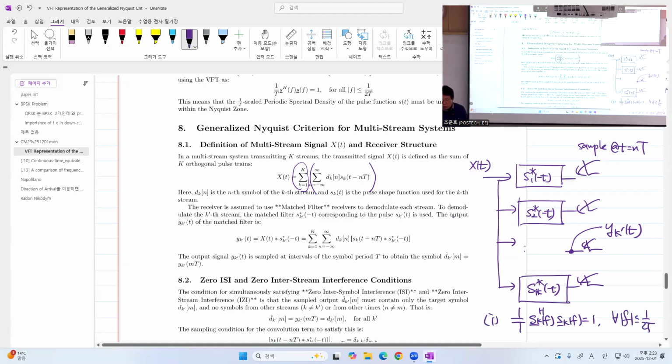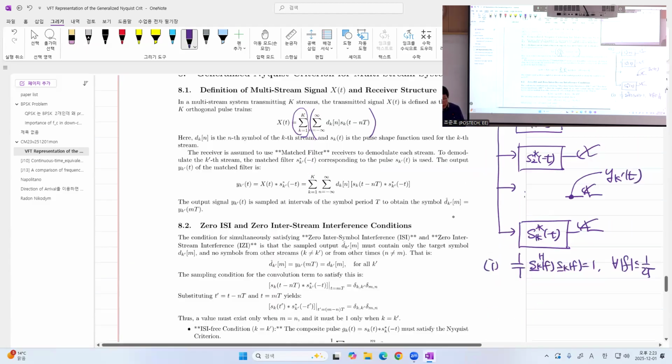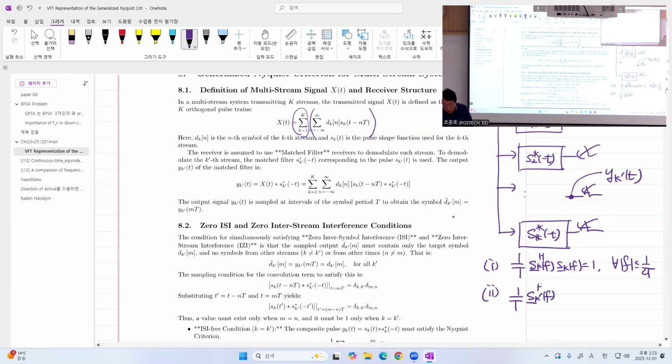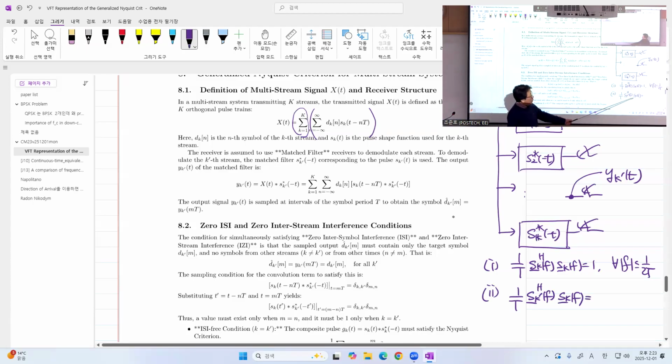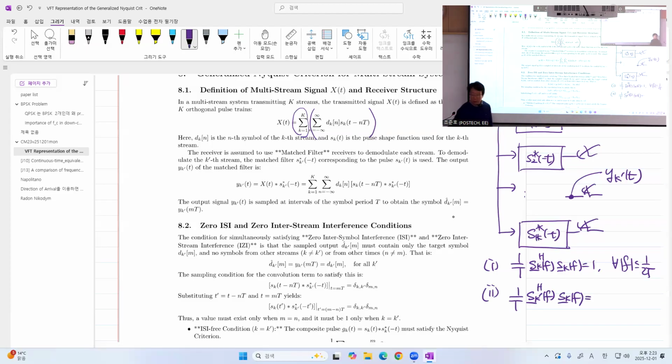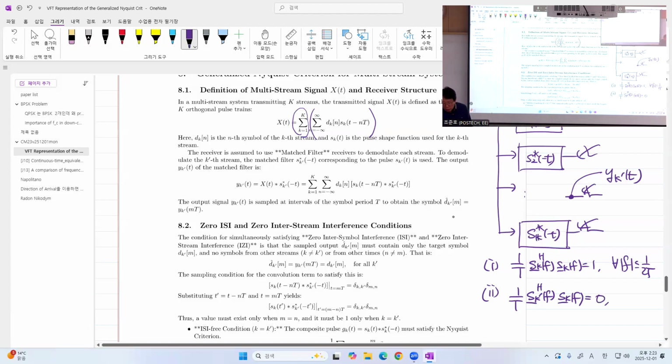So this is the first one, kind of self-orthogonality, if you want. What would be the second one? It's not that difficult to show that you have this one. The subscript is k prime, and you have k. If k prime differs from k, then it is 0.